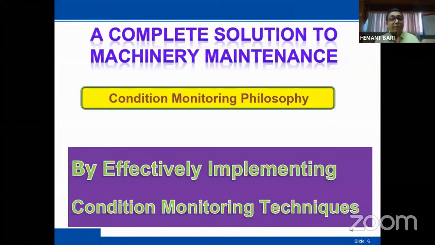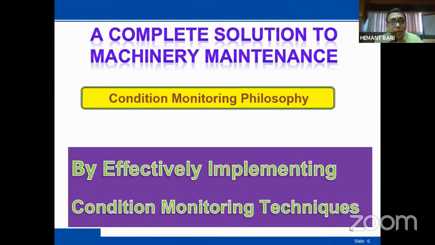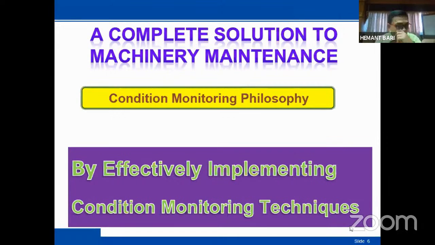Whatever the parameter is deviated, you should select the appropriate technique to find out the root cause of abnormality as fast as possible. The sooner you find the fault, the more you will be able to save your machine and save the secondary damages to your machine, and ultimately all of this is calculated in cost.